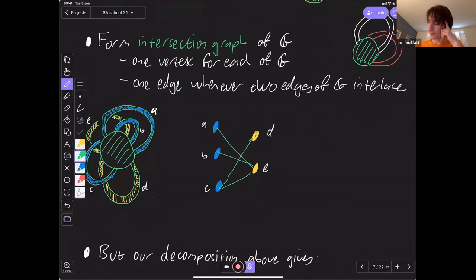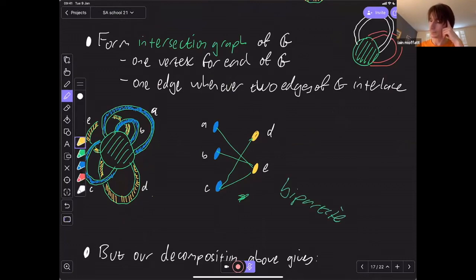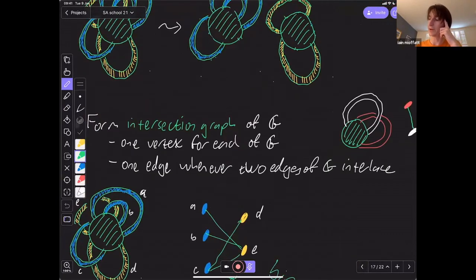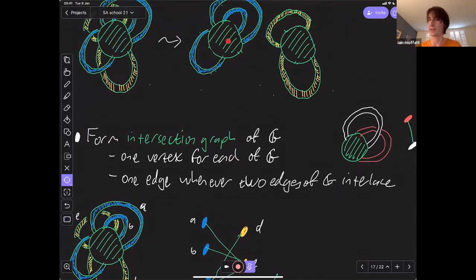And in doing this, what I've ended up with is something that is bipartite. Why is it bipartite? Because the two parts of my decomposition are planar, so they can't have any of this interlacement property, otherwise they wouldn't be of genus 0.